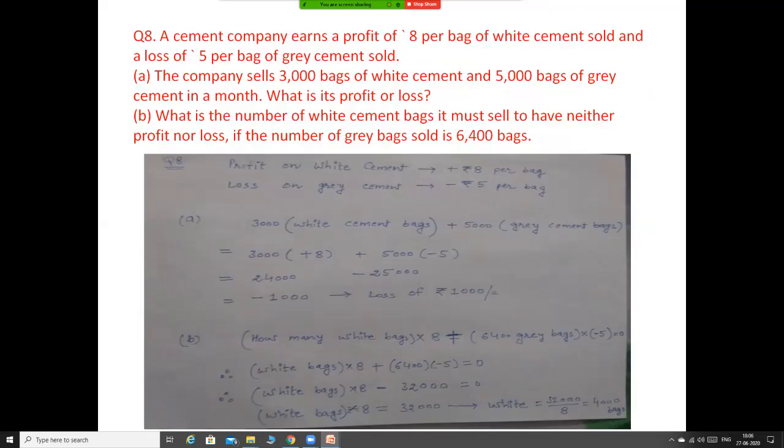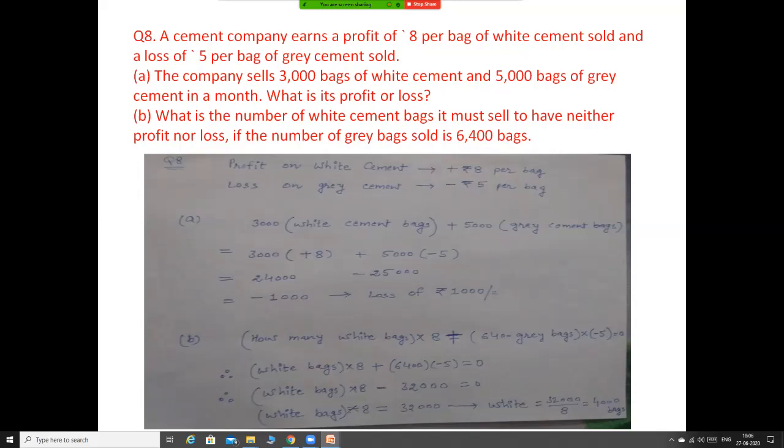Our next question, question number 8. A cement company earns a profit of 8 per bag of white cement sold and a loss of 5 per bag of grey cement sold. First, part A. The company sells 3,000 bags of white cement and 5,000 bags of grey cement in a month.